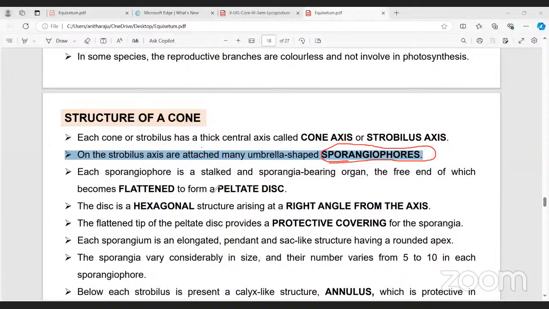Each sporangiophore is stalked and is a sporangia-bearing organ, with the free end flattened and peltate like a disc, a hexagonal structure with a protective covering. Below it is the annulus.